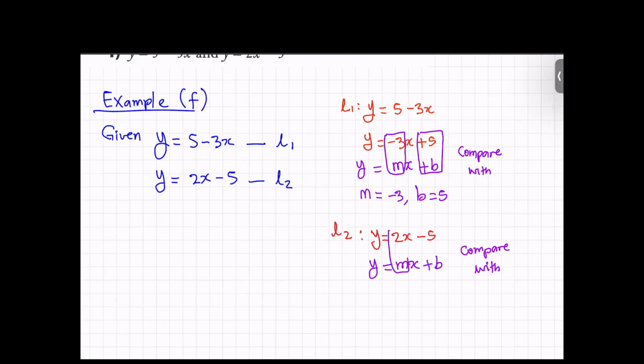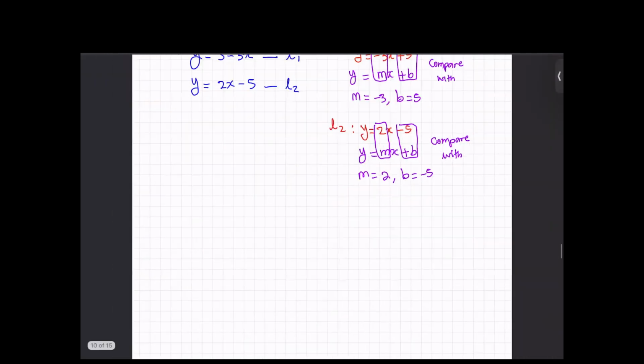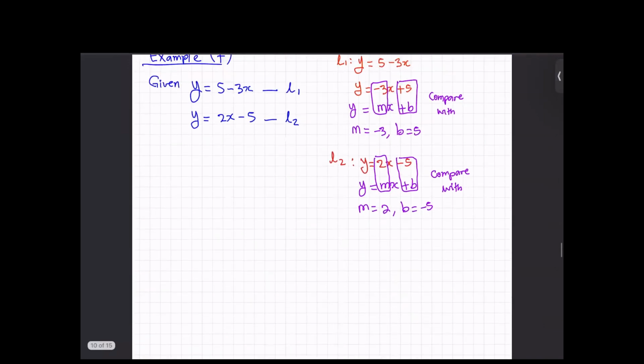You can see what your m is clearly, there's no way you can miss that. So your m in this case is 2, b is negative 5. That's everything you need, and then you need a graph and you're finished. It's as simple as that.